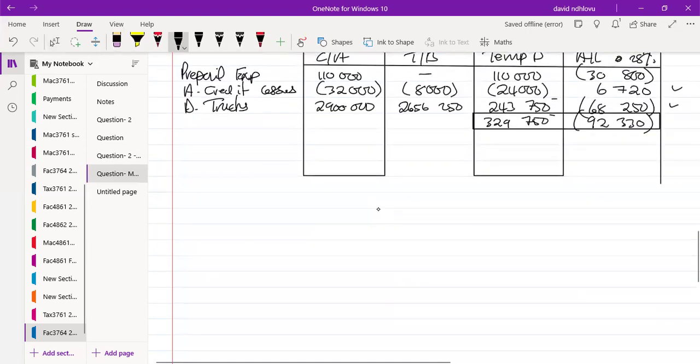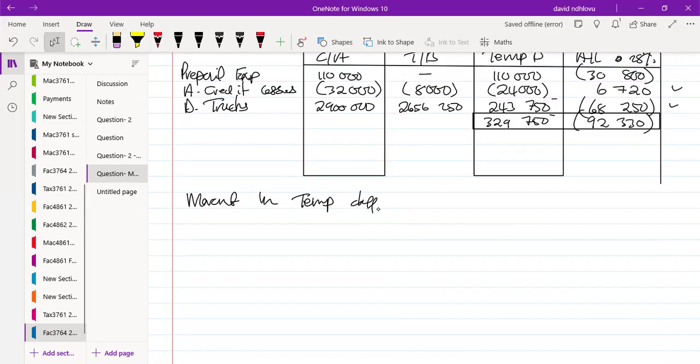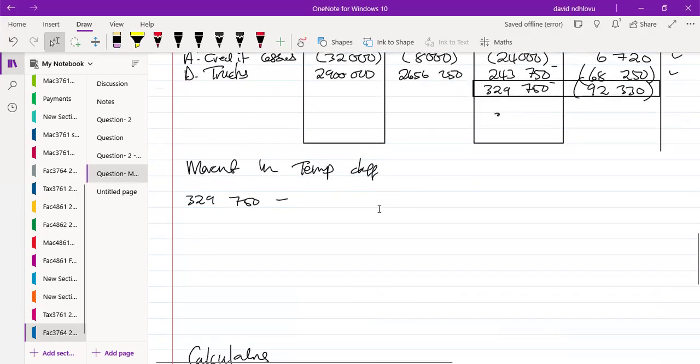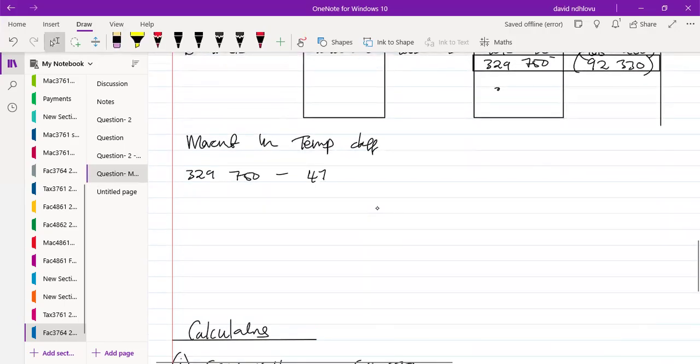As usual, we then say movement in temporary differences. Then we take the current year, positive 329,750, then we subtract the prior year, which is 471,050. 329,750 minus 471,050, we are going to have 141,300, which is a negative amount, times 0.28, which is the new rate.